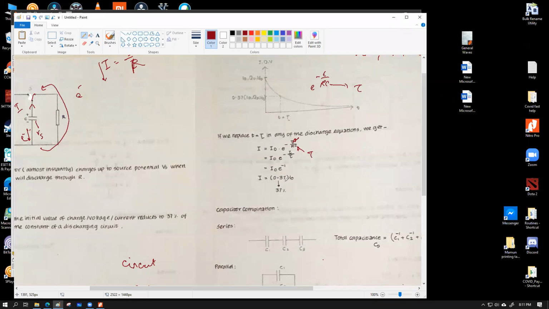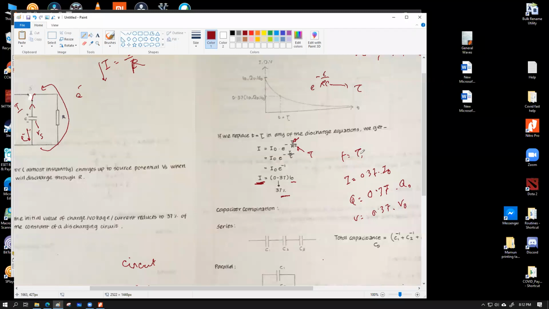We have written this number up to 2 SF, so 0.37, which means the remaining current will become 37% of the initial current. In other words, if t equals tau, then I equals 0.37 of I naught, or Q equals 0.37 of Q naught, or V equals 0.37 of V naught. That's the basic idea of tau.